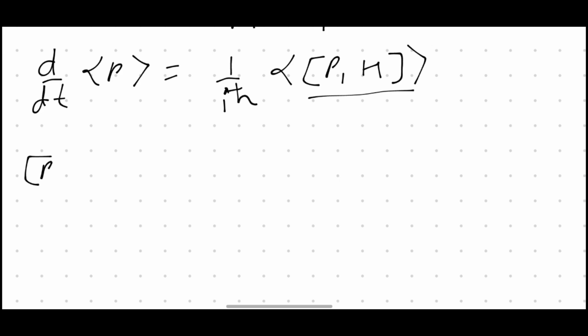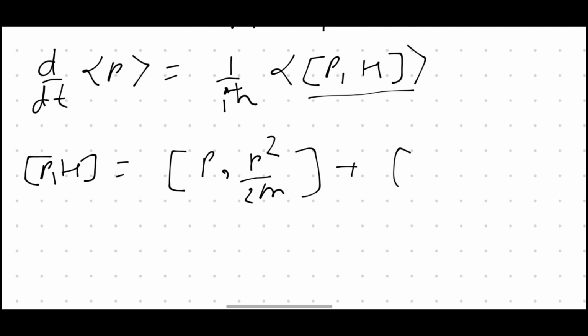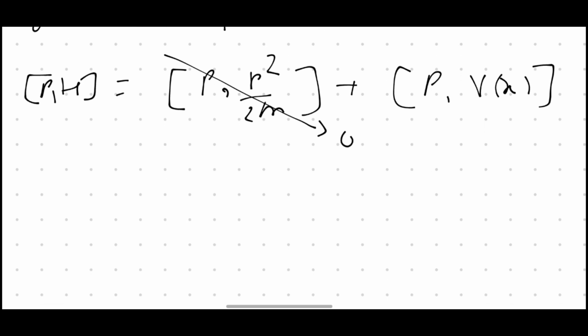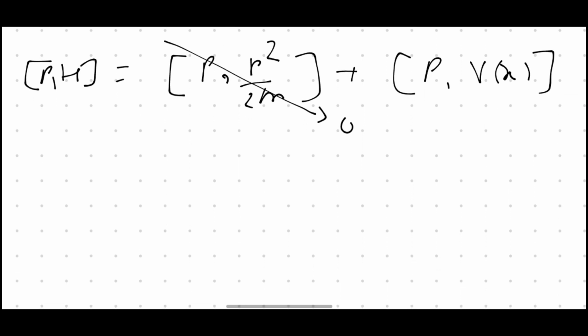So p comma h. So of course, again, p comma p square upon 2m plus p comma v of x, where we will get the first part as 0 because both of these are p in the same commutator.